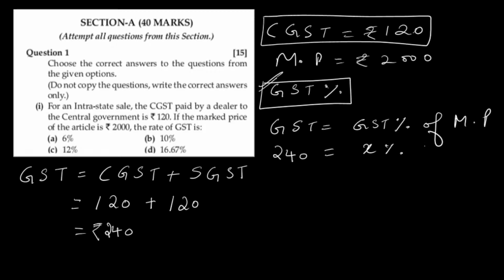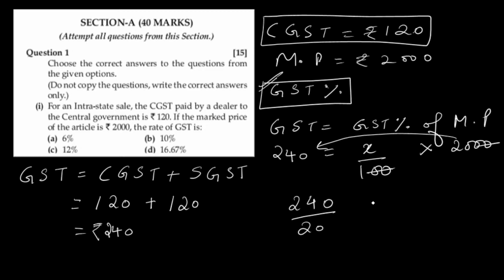Of means multiplication. Marked price is equal to 2000. So let's simplify this one. Percent I'll write as by 100. So two zeros here we can cancel. Now 20 will shift to other side, so 240 divided by 20. When we shift 20 to other side, it will get divided. So X value is equal to 12%. So option C, X is equal to 12%.